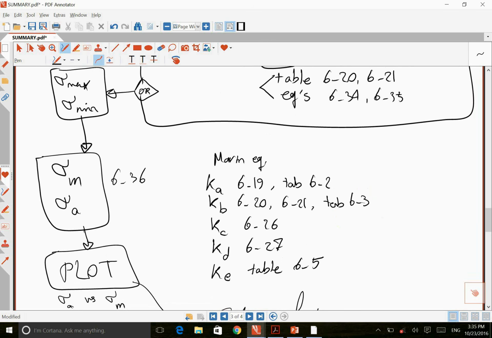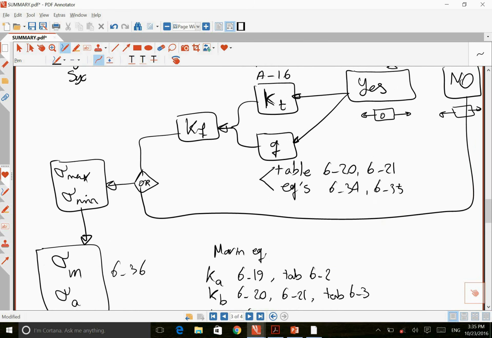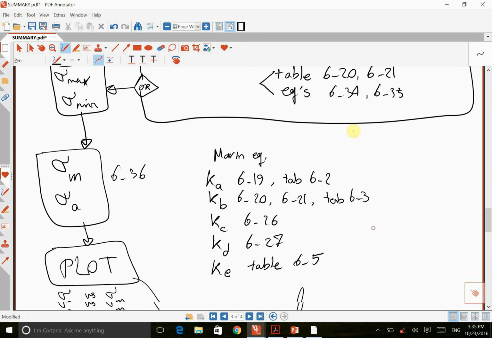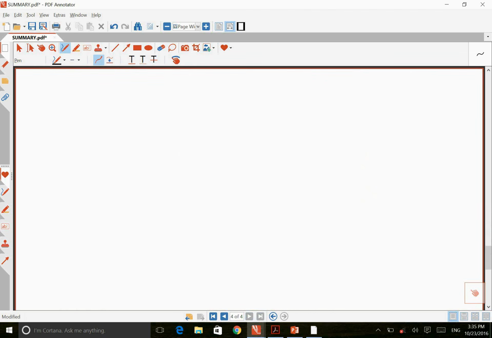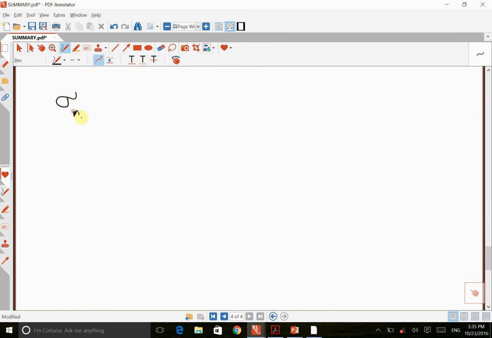When you find this fatigue safety factor, we need to somehow use KF, and I'm gonna bring that to your attention at this page. For example, our mid-range stress can be found from this equation, the average of min and max stresses. This is for a specimen without any hole.